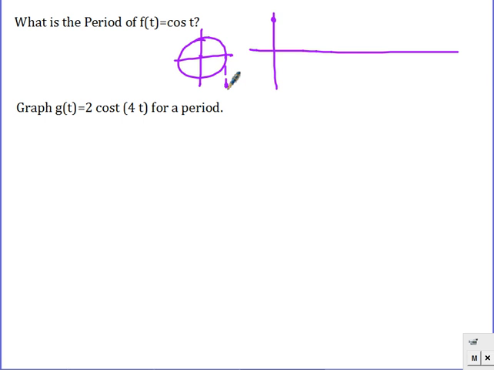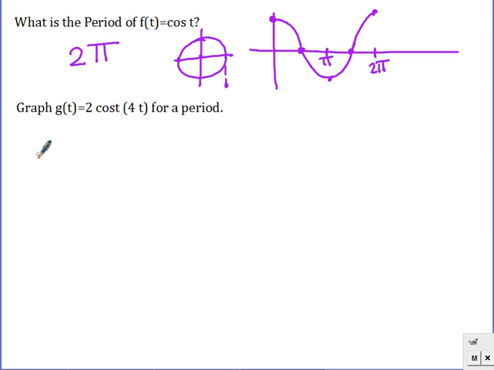We started at the furthest distance away, the furthest positive distance, and then we went to 0, and then we were at negative distance away, and then we were back to 0, and then we were back to positive. And that all occurred in 2 pi radians. So our cosine period is exactly the same as our sine period, and that would be 2 pi.